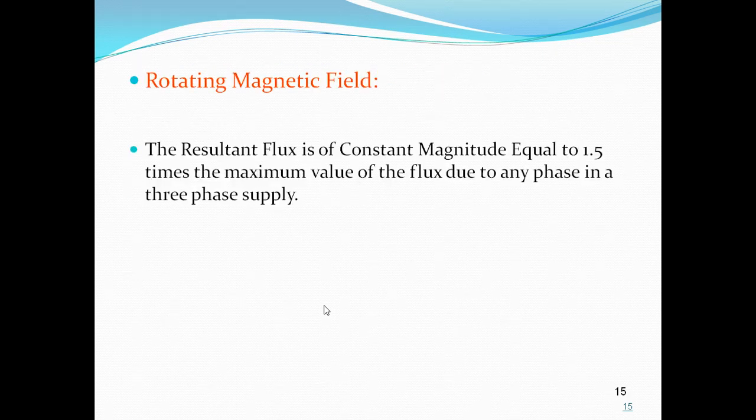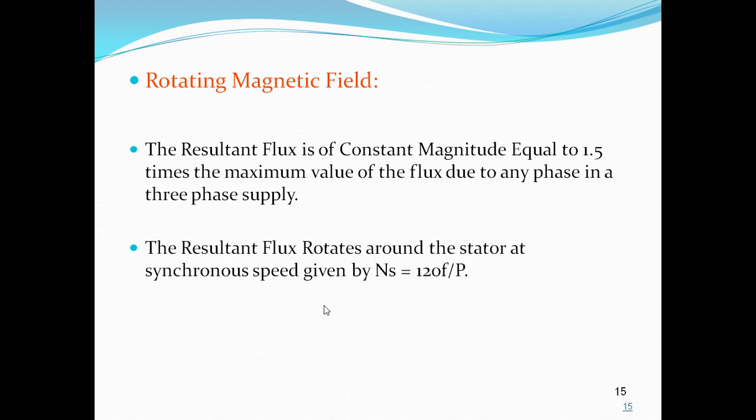So when we give a supply to a three-phase stator winding, then a resultant flux is produced whose magnitude is equal to 1.5 times the maximum value of the flux due to any phase in a three-phase supply. The resultant flux rotates around the stator at synchronous speed.